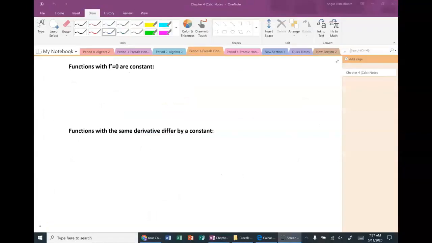Example number 5 from section 4.2. We'll start with the definition. Functions with f prime equal to 0 are constant.